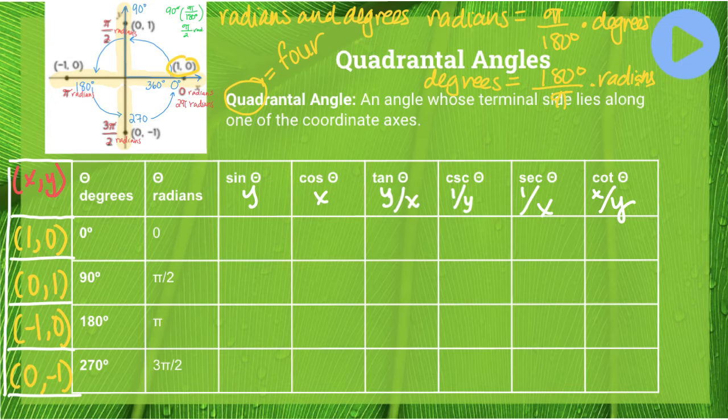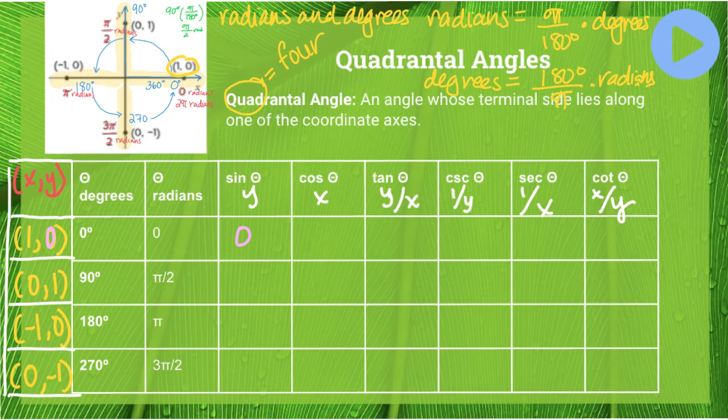So now, to find the sine of 0 degrees, or 0 radians, we just need to look at the y value, which is 0. So sine of 0 degrees is 0.